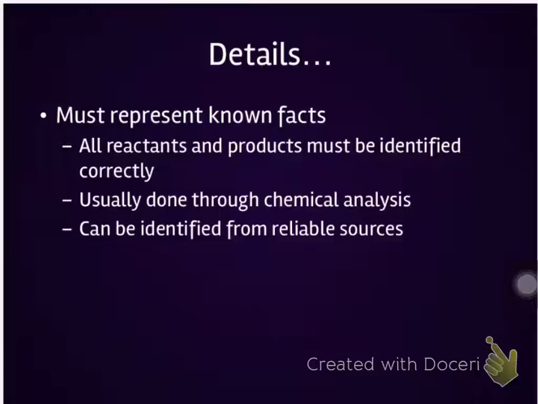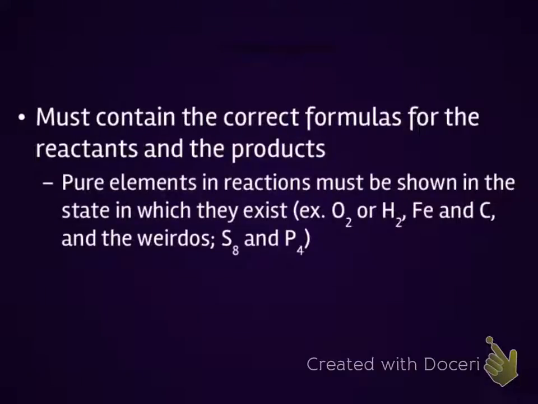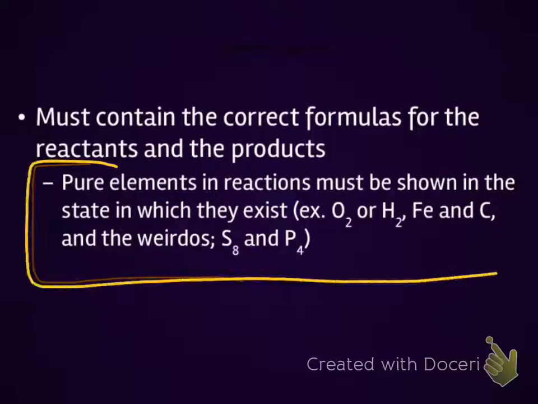The one last thing I want to talk about before we disembark for our long weekend is, you know about having correct formulas for ammonium nitrate or iron(III) oxide. The piece that you haven't encountered yet, or if you did, it might be pretty dim, is that pure elements aren't just H or N or O. There are 7 that are always diatomic in nature, and if you get your periodic table out, you can circle them.